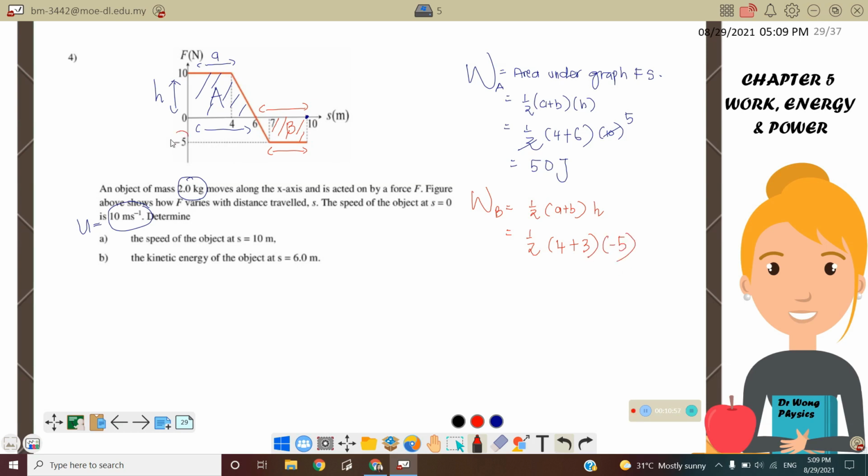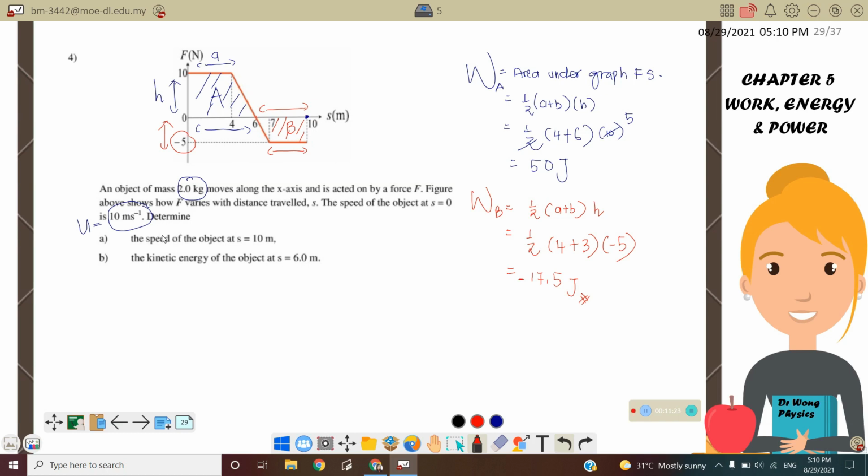Substituting, half times 7 times -5, the answer you will get is 17.5 joule. And remember, there's a negative, so you must put negative.